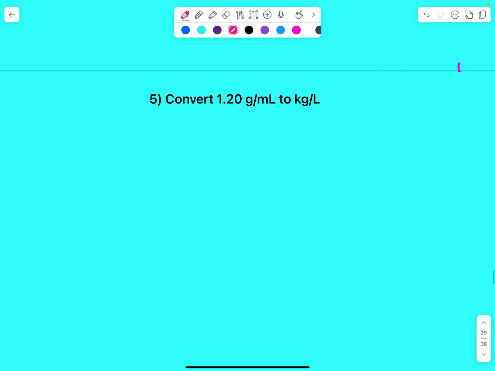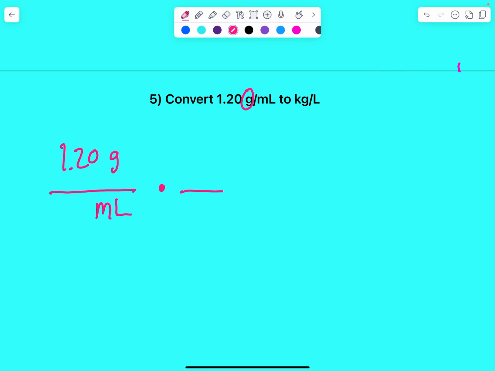Let's try this one. 1.20 grams per milliliter to kilograms per liter. So we have 1.20, and people may get confused on how to write this. You're going to put the first value, grams, right here, all over a milliliter, like that. That's how you write that.